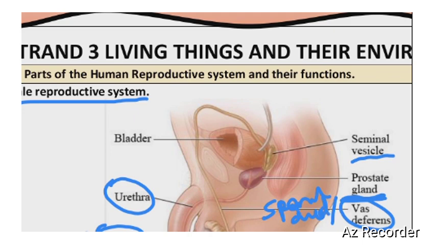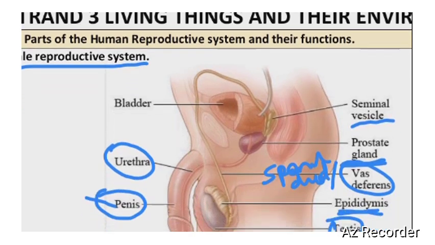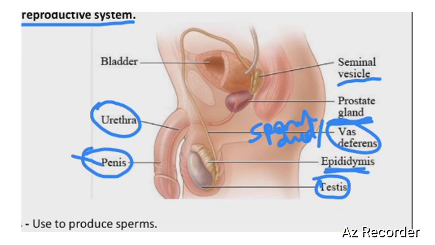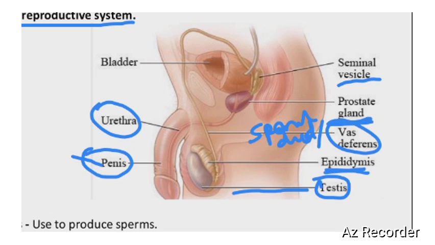We have the epididymis. It's shown there. We have the testis. When it's one, it's called testis. When it's two, it's called testes. So the difference is that we have letter E for plural and letter I for singular.